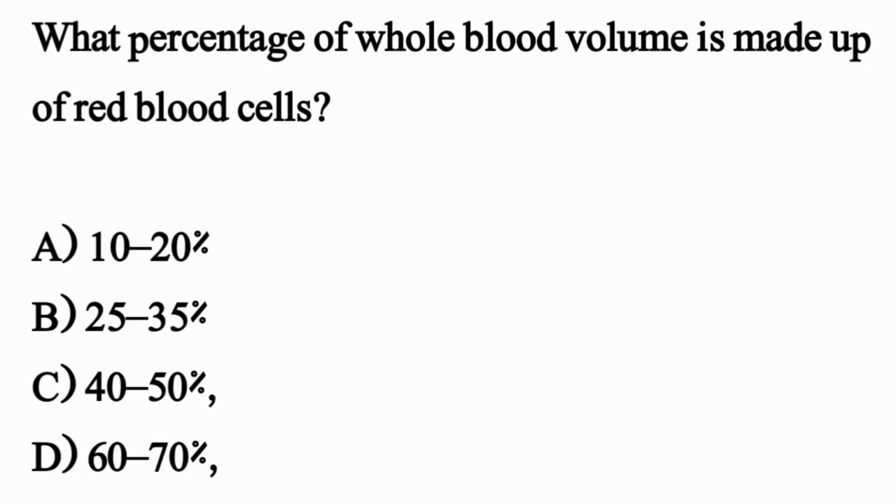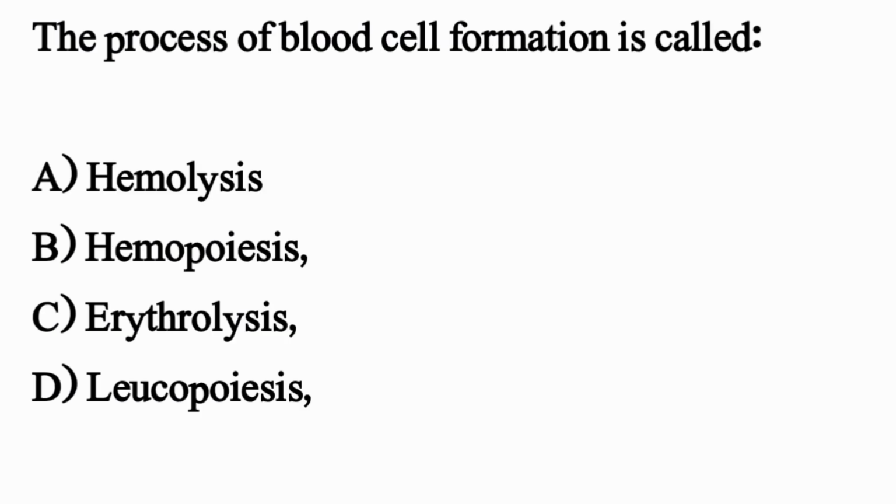What percentage of whole blood volume is made up of red blood cells? The right option is option C, 40 to 50 percent. The process of blood cell formation is called.